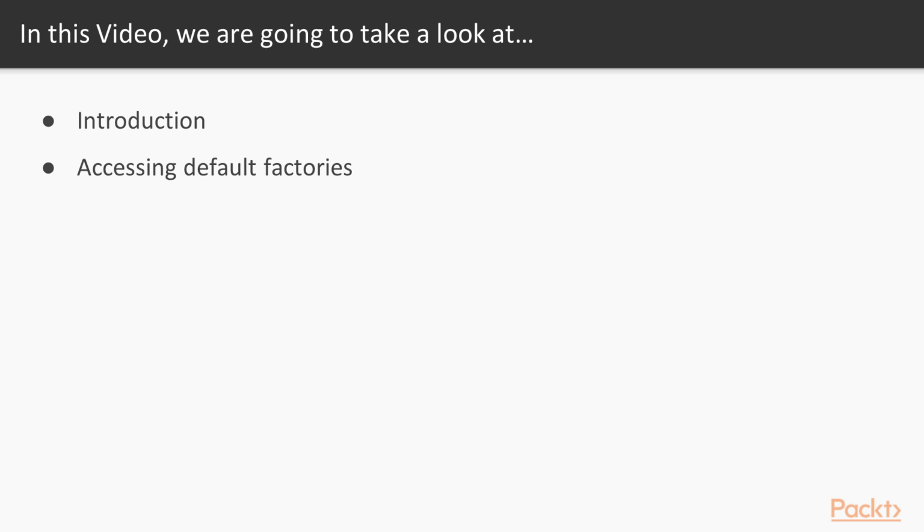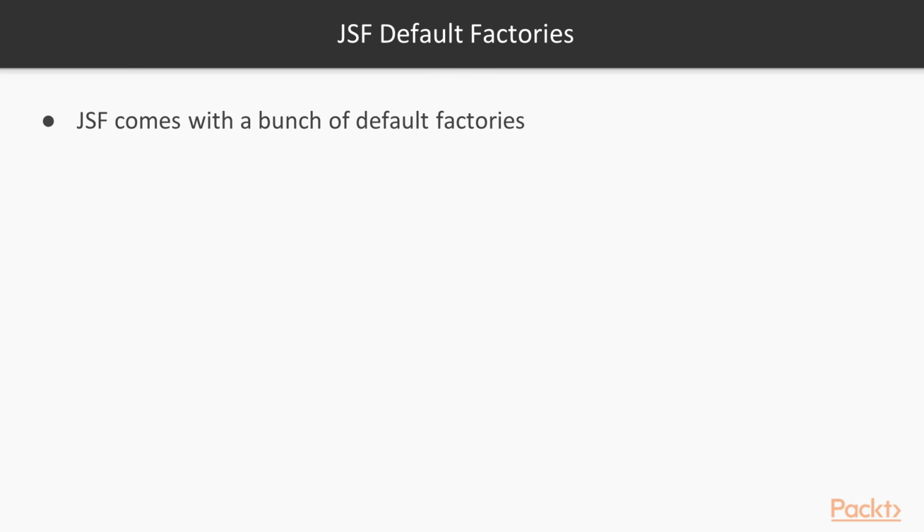Okay, so after a quick introduction, we will see the techniques for accessing several kinds of Java Server Faces default factories. Well, in case you didn't know, Java Server Faces comes with a bunch of factories that hide complex implementations behind the scenes.